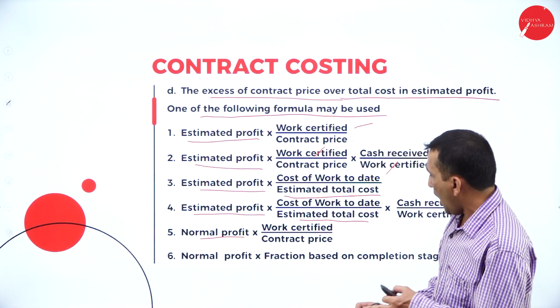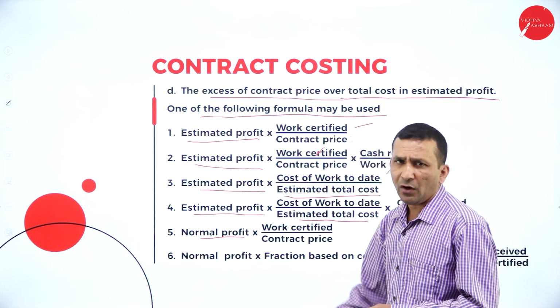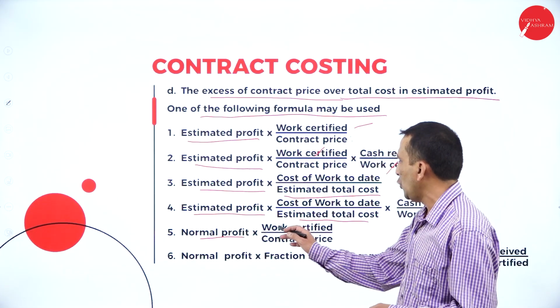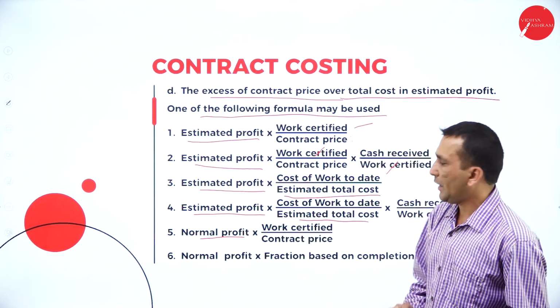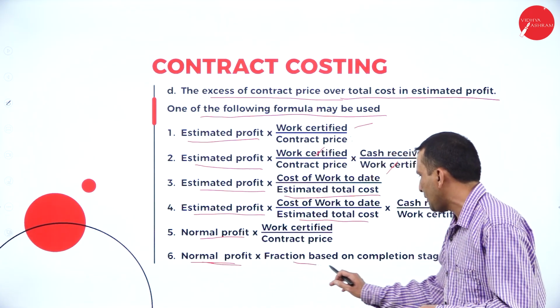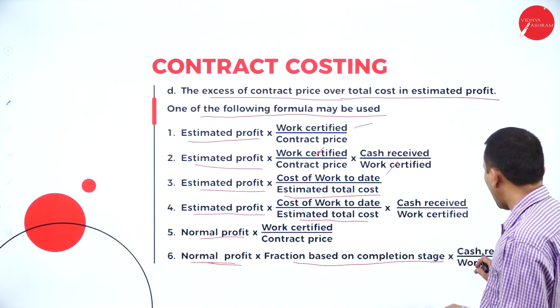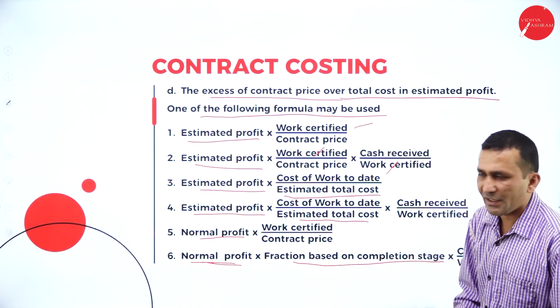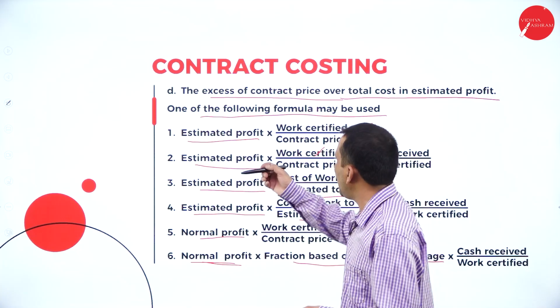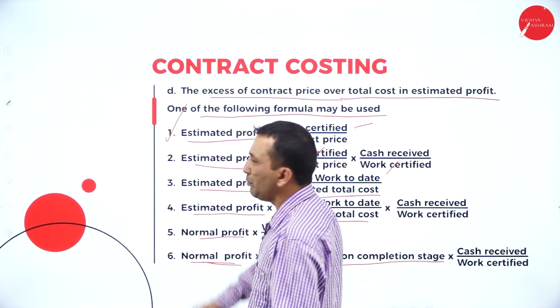Fifth one: notional profit into work certified divided by contract price. And the notional profit into the fraction based on the completion stage, the ratio, into cash received divided by work certified. So any one; the first one is the best formula to find out the completed work.